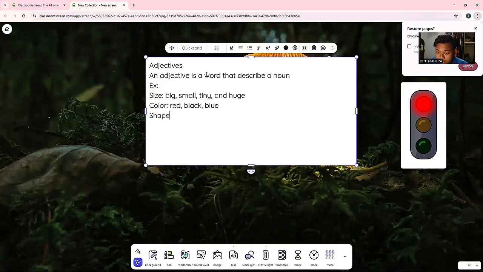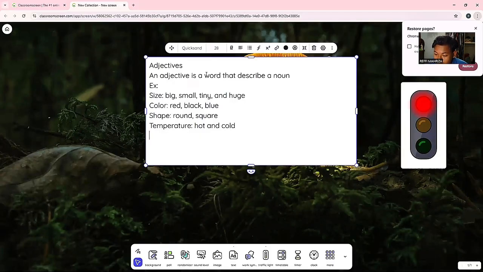Shape: round and square. Temperature: hot and cold.